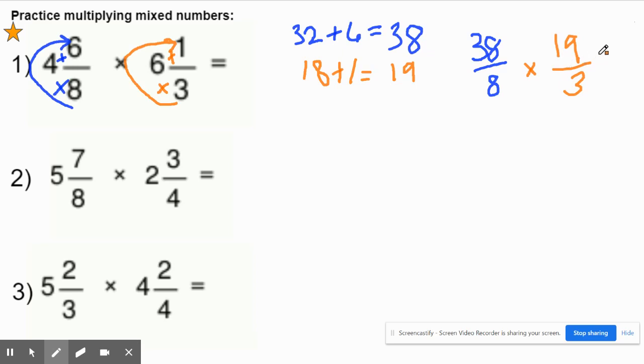Now, 38 times 19 is a crazy number. It's a crazy multiplication problem. So when it's these large numbers and you want to, you can go ahead and just use a calculator. I'm literally using a calculator right now.